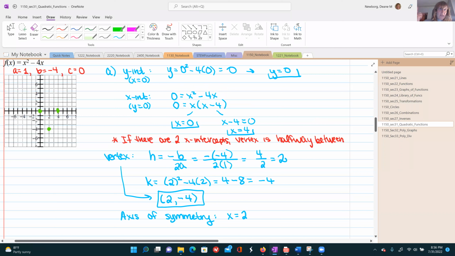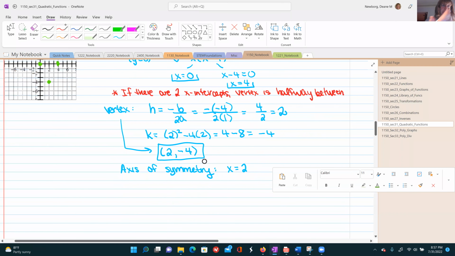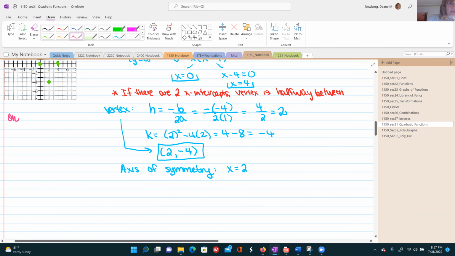And then we can go ahead, if you want, you can plot more points. Say you want to plug in x equals 5. So one other point. And I want to show you how you can use symmetry with graphing.